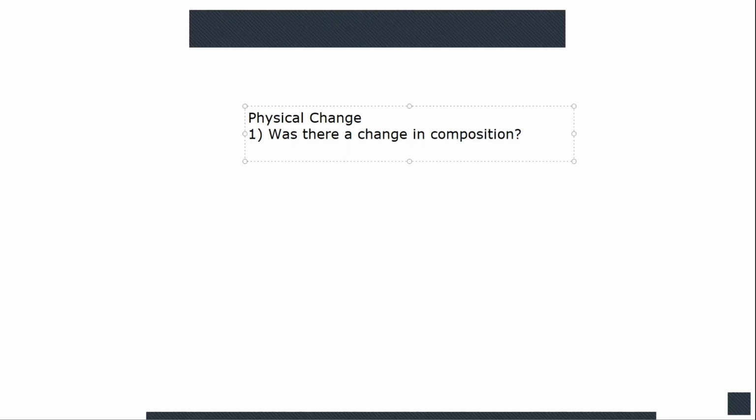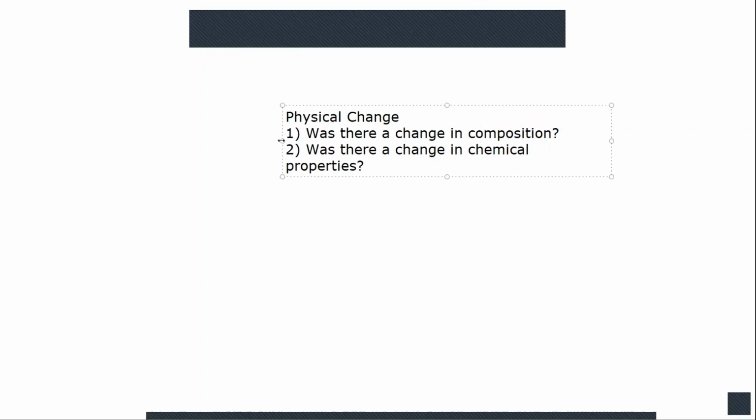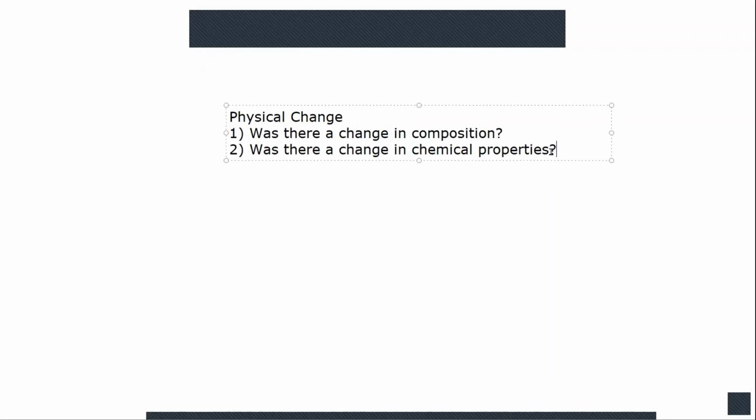The second question is, was there a change in chemical properties? And the third question is going to be, were there new substances formed?